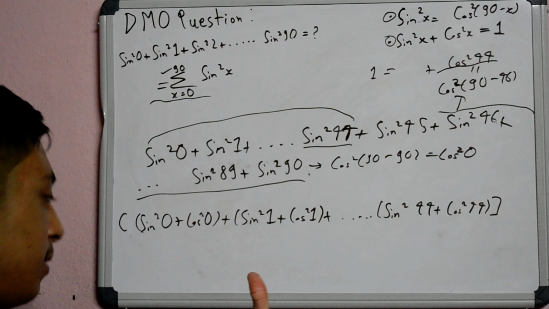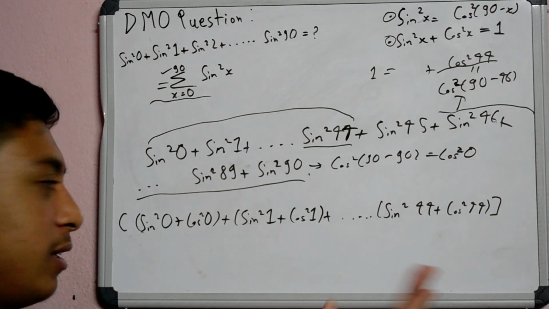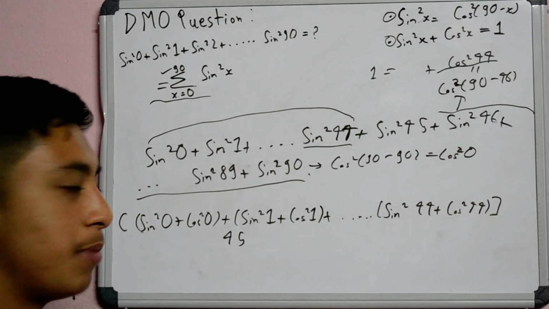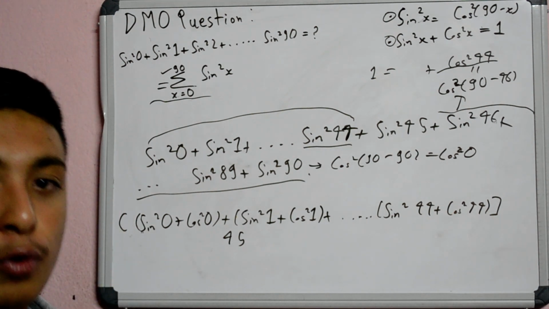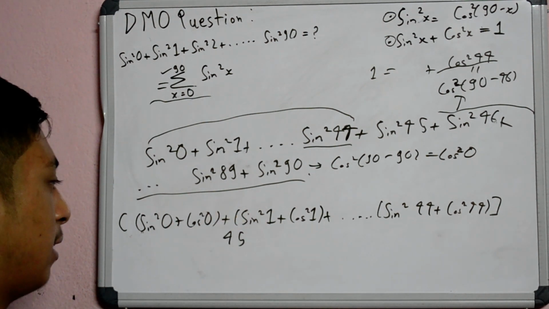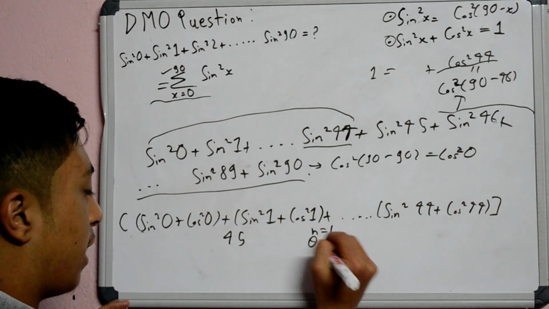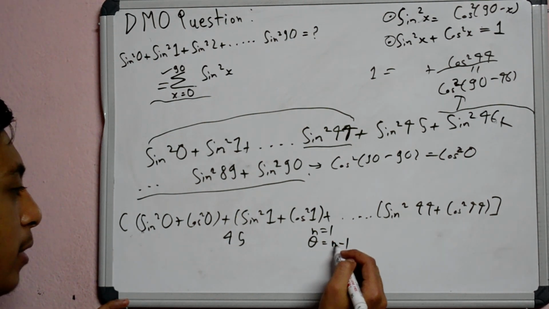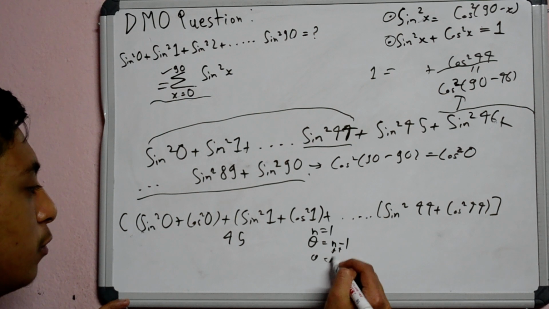Simply we will have 45 of these terms in here, because the first term is 0: n equals 1, theta equals n minus 1, right? So when n is equal to 45, theta will equal 44 degrees.